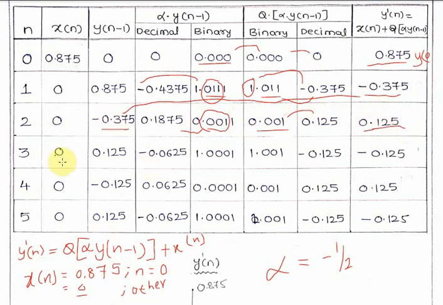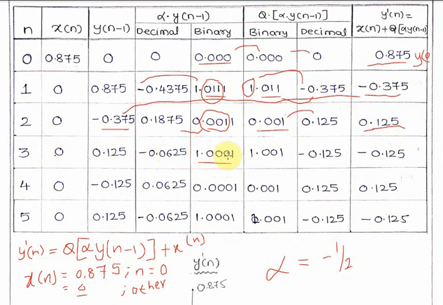Now n equal to 3, input 0. This is the previous output 0.125. Multiply with alpha, that is minus 1 by 2, minus into plus is minus 0.0625. The binary equivalent for this number is 1.0001, where 1 represents the sign bit.